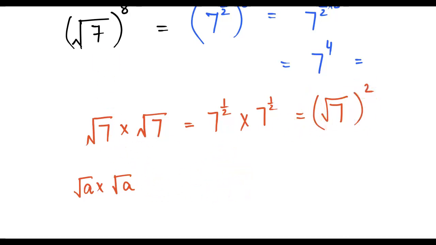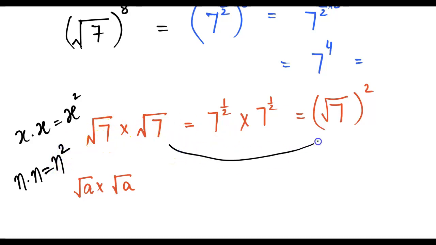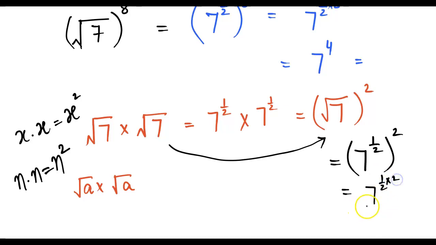Because if it's written, for example, x times x, what do we call it? x squared. If it's written n times n, it goes n squared, isn't it? So now we do 7 to the power half, squared. Half of 2 is nothing but 1, so you're going to get 7.